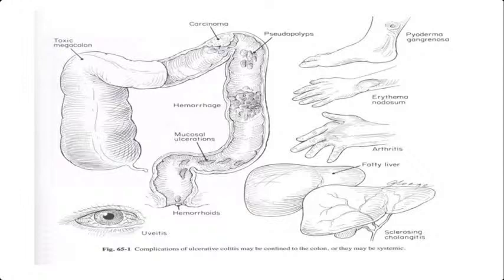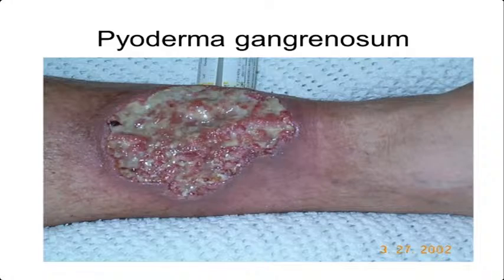This is a photo of pyoderma gangrenosum, so a wound with gangrene of the skin, epidermis and dermis. And of course, they tend to be present in the lower extremities.